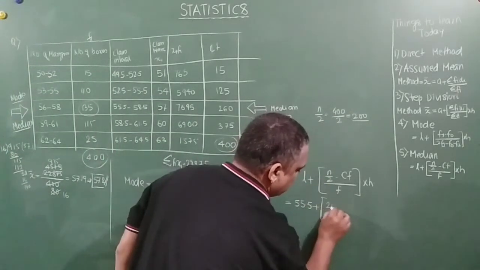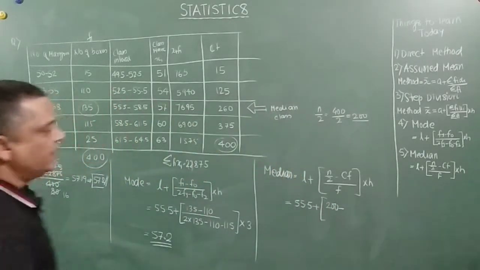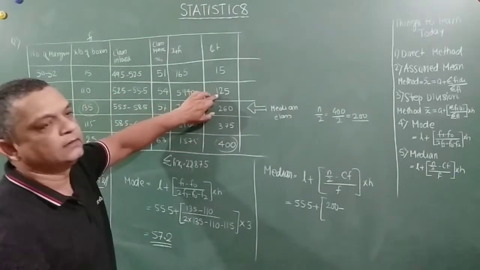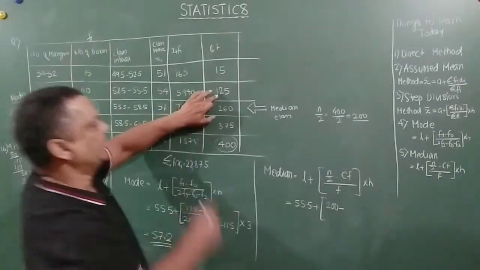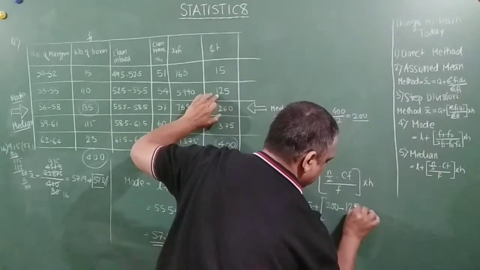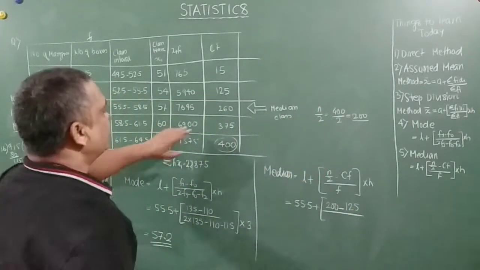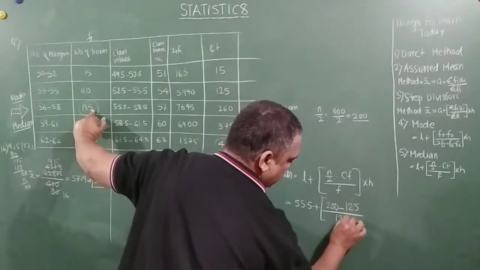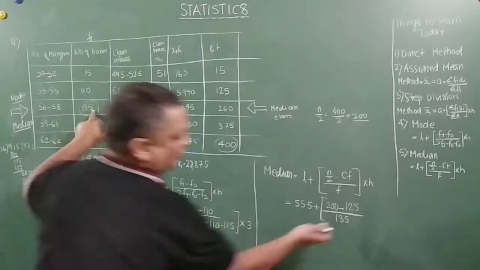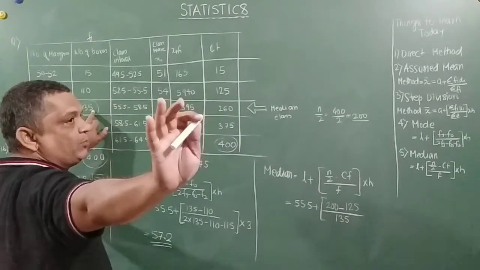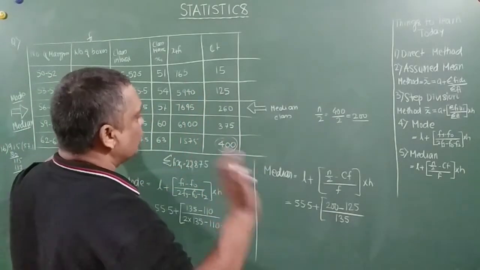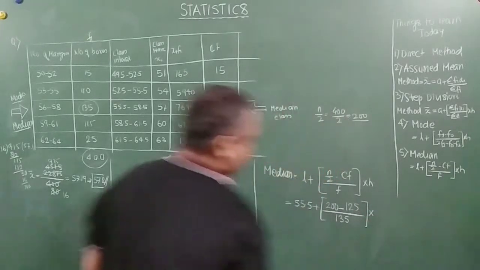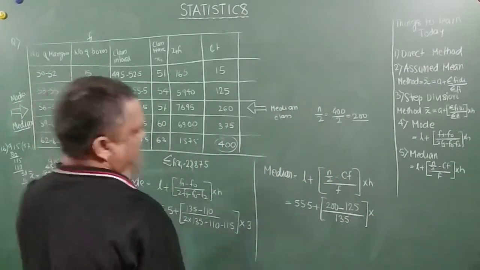Here it is. Minus the cumulative frequency up to the median class, that is 125. Divide by the frequency of the median class, that is 135. Please, this is only the frequency. This is not a cumulative frequency. Please understand, my friends. So divide by 135 into h. h is nothing but height. Height is 3.